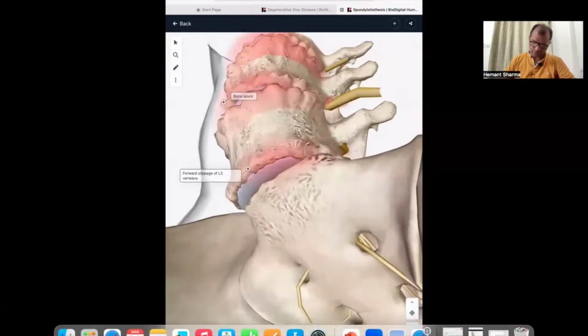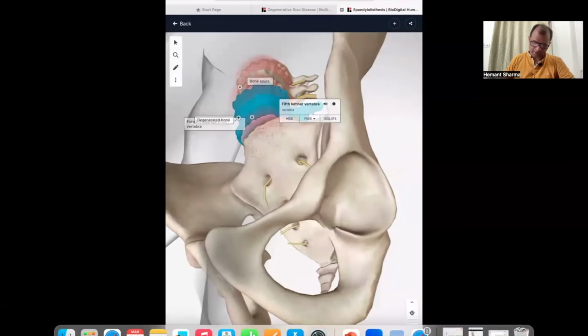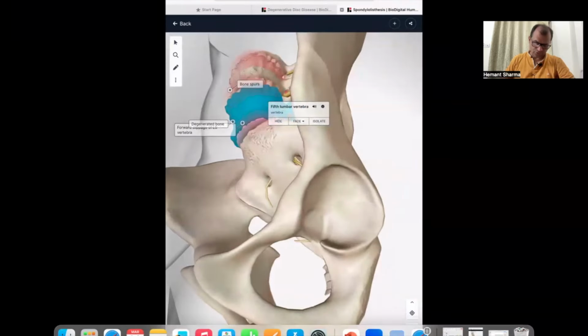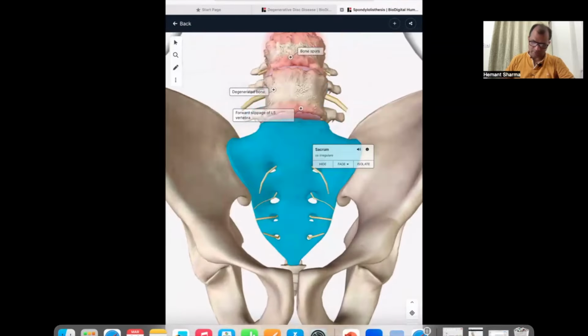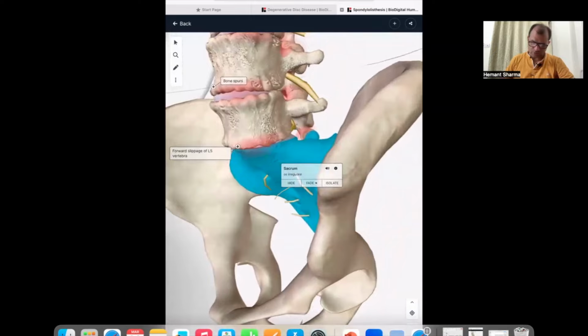It is slipping. ये देखिए स्लिप हो रही है. It is slipping away, forward slipping. आगे स्लिप हो गई. This is the sacrum और ये वर्टेब्रा स्लिप होके आगे आ गई.